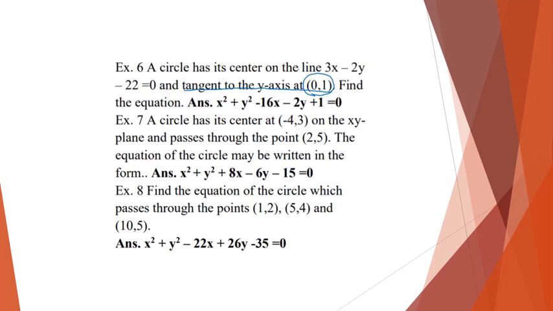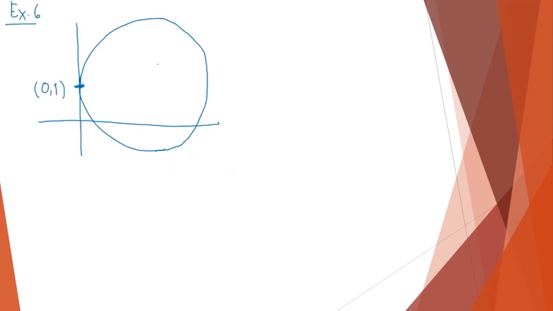Also, the circle has its center on the line 3x minus 2y minus 22. Say our center is here. Our line is 3x minus 2y minus 22 is equal to 0, and this will be our center. The y coordinate of our center is 1.